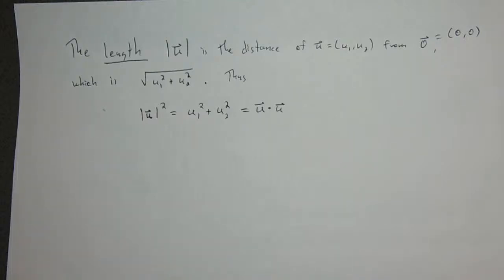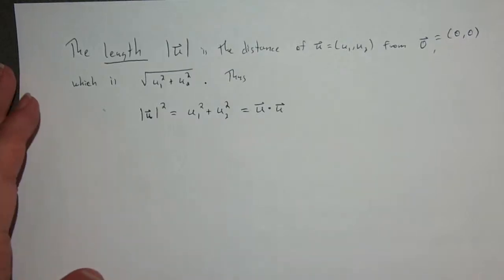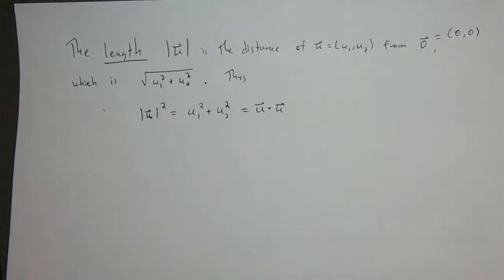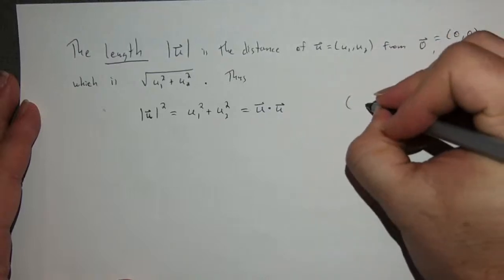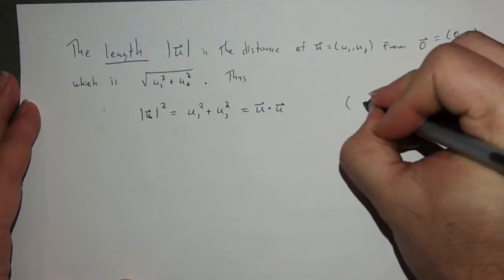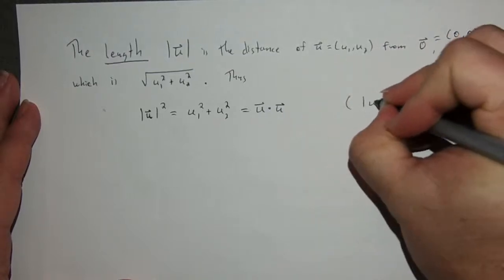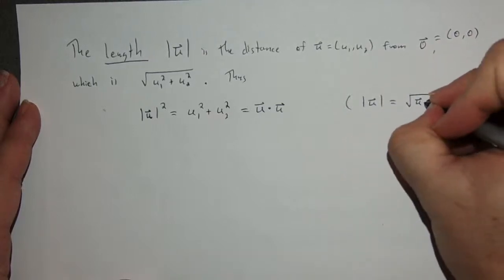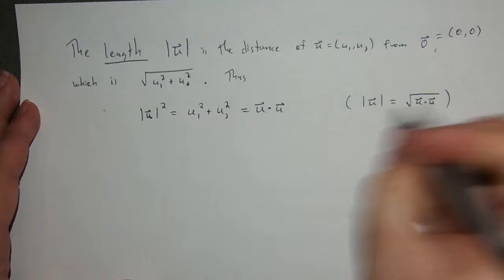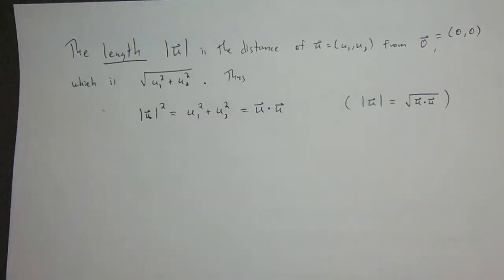And so, you've seen this before, another way this is sometimes written is that the length of u is the square root of the vector u dotted with itself. So you'll see this written in this way sometimes.